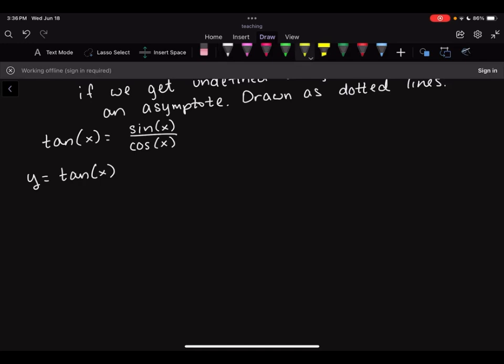So I'm going to draw the little unit circle over here. So I have 1, 0, that's 0, pi over 2, pi, 3 pi over 2, and it comes back around to 2 pi. Up here I have the point 0, 1, negative 1, 0, and 0, negative 1.